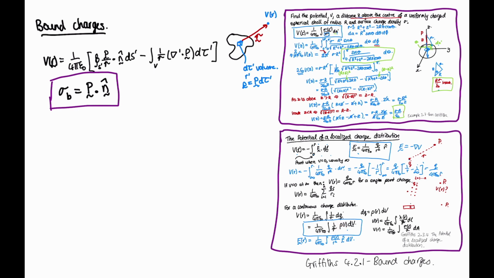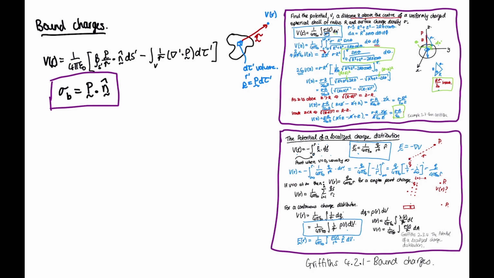So you can see we've got the 1 over 4 pi epsilon naught in both of them, the 1 over curly r in both of them. Here we've got the volume charge density, whereas here we've got the divergence of the polarization, and then multiplied by the volume increment. These are both the volume increments, so they're the same things. So in this case, if we let the volume charge density be equal to negative the divergence of P, since we've got a negative here which we didn't have there, then this is going to work out in the same way as well.